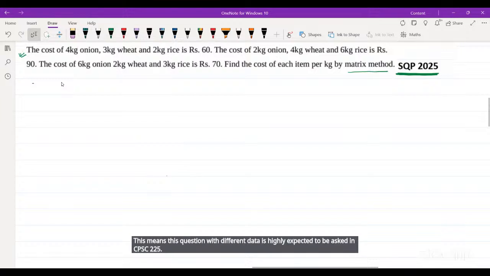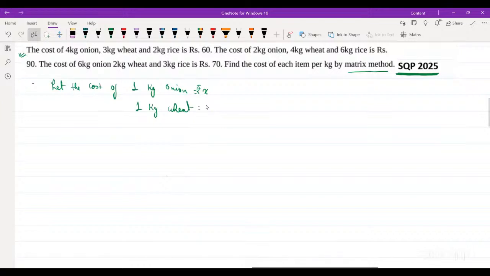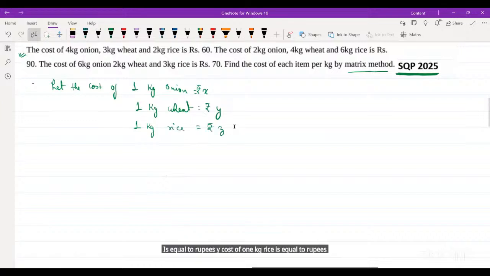Okay. So in this type of question, we let the cost of 1 kg onion be rupees X, cost of 1 kg wheat be rupees Y, cost of 1 kg rice be rupees Z. So according to the question, we have 4x plus 3y plus 2z is equal to 60.